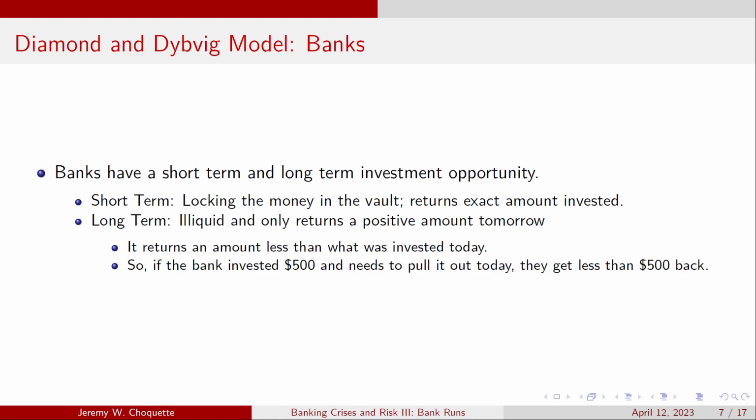So if the bank needs to satisfy additional demands for these withdrawals, they've got to sell those illiquid assets, and they have to do it sooner than was expected. So it's going to return an amount less than what was invested. If the bank invested $500 and they have to pull it out, they're going to end up getting a lot less than $500 back.